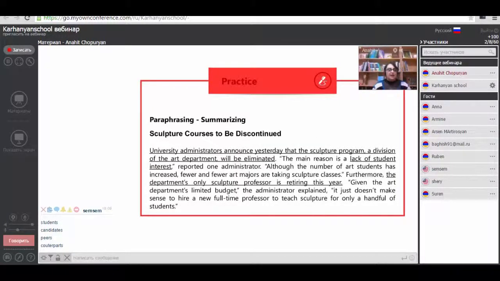Now let's practice paraphrasing. But before doing it, I want you to tell me, who can tell me, what is paraphrasing? Okay. So paraphrasing is giving the same meaning as in the sentence, but with other words and other grammatical structures.